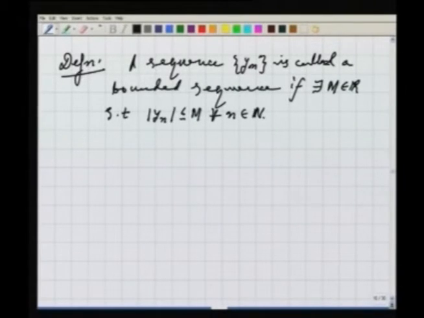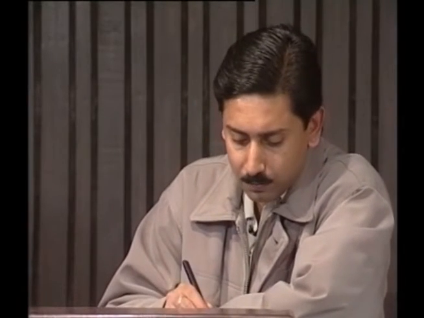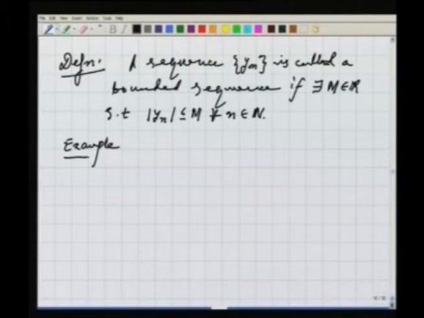It essentially means that the function f which defines the sequence is actually a bounded function on the set of natural numbers. You will see that the next example is actually a generalization of the previous two examples which I have given.